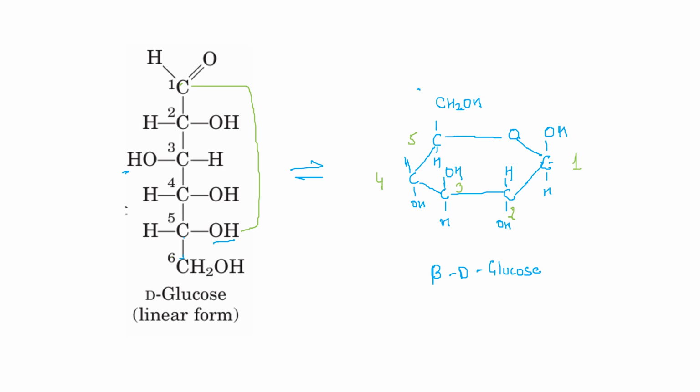It is here, C6, one H here, and in the hemiacetal ring, this will be attached to this O, and this O is linked to the C1. This is C1, the anomeric carbon.